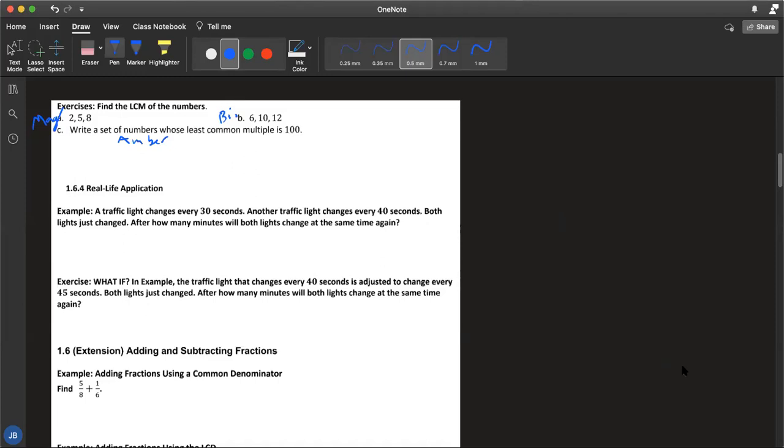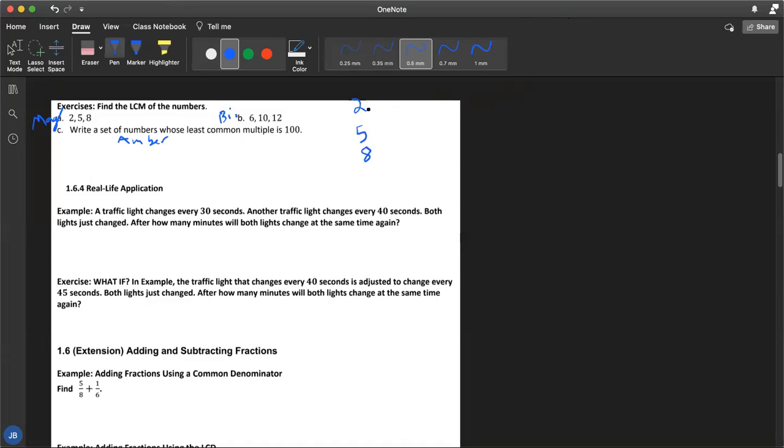So let's do this. 2, 5, and 8. Do you want to do it the prime factorization way, or do you want to do it the list way? List, please. Okay. So we'll do 2, 5, and 8.